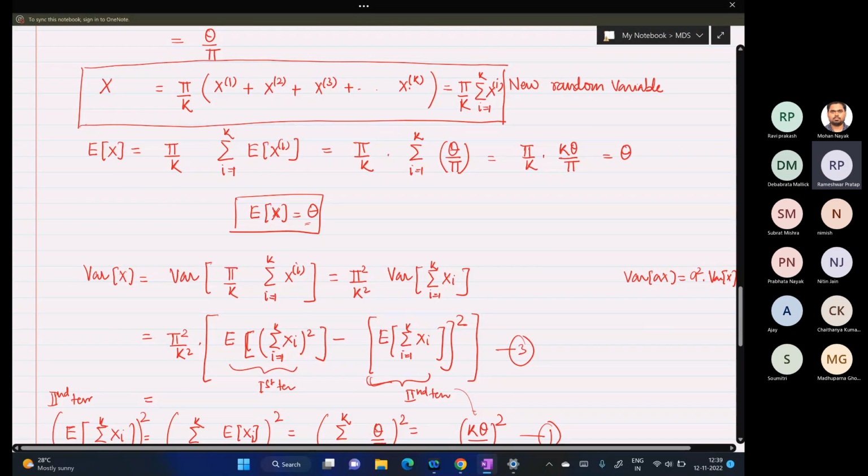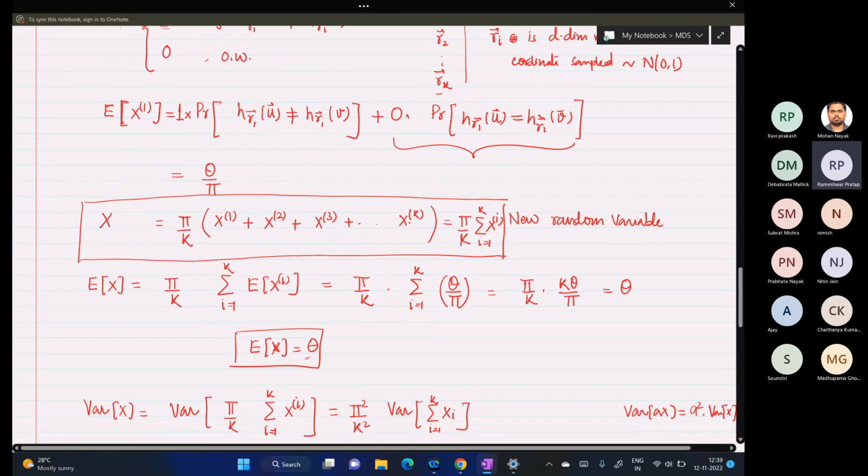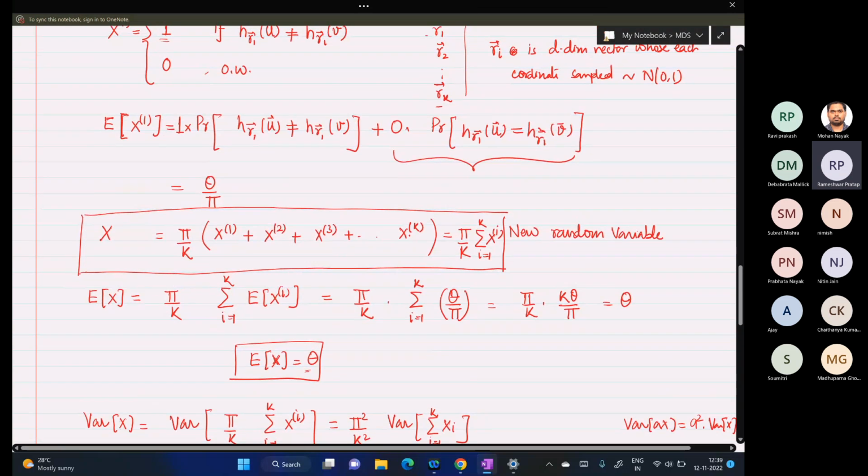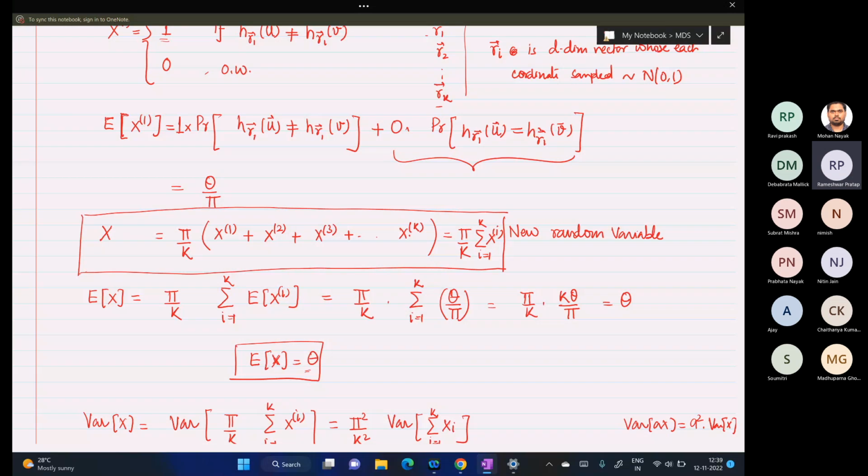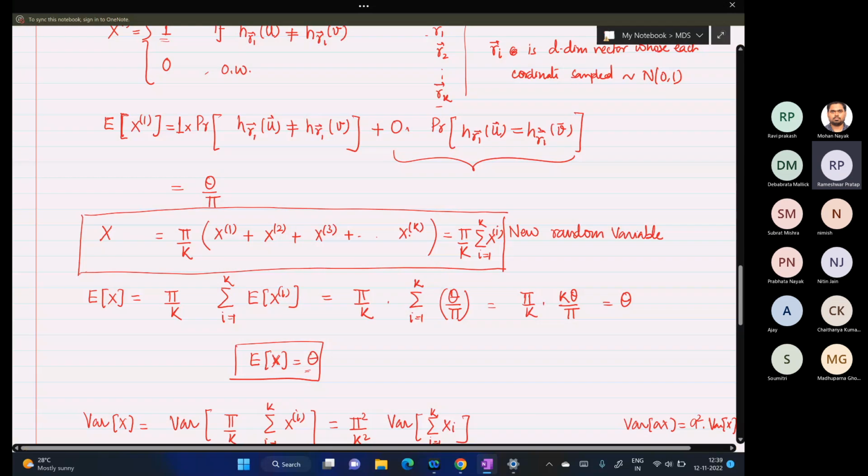So basically x1 is our original random variable, and if we calculate the variance of it, okay, so I'll just write it here.